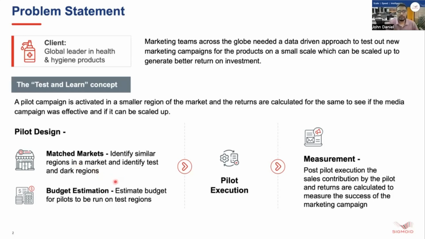Then we proceed to the budget estimation model, where we come up with the budgets for the pilots to run on the test regions. Post that, the pilot execution happens and we proceed to the measurement phase, where we use several concepts like Shapley to calculate the marginal contribution of different drivers towards sales and hence calculate the returns to measure the success of the marketing campaign.